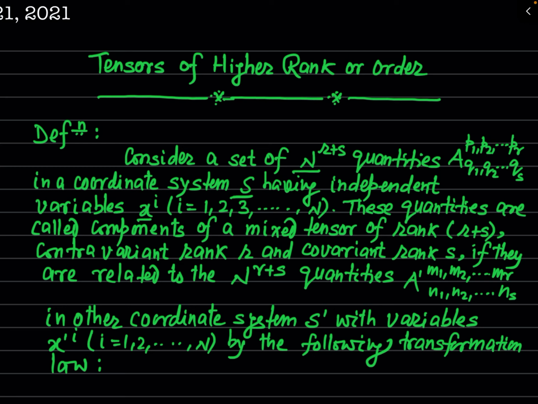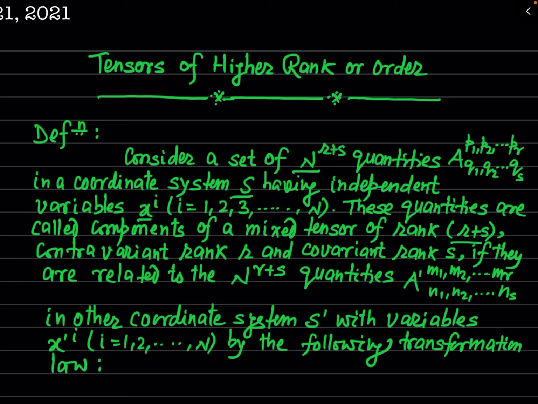In fact, these n to the power r plus s quantities are known as the components of a mixed tensor of rank r plus s, where r is the contravariant rank of this tensor and s is its covariant rank.